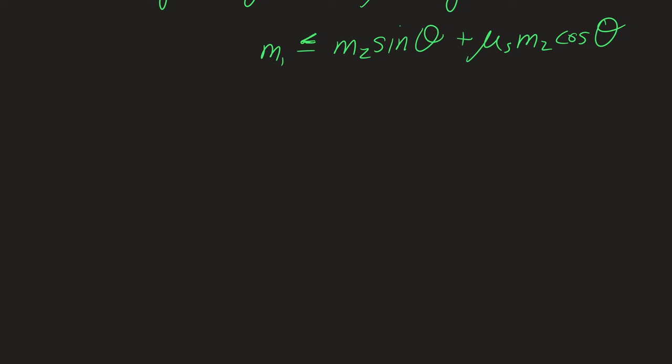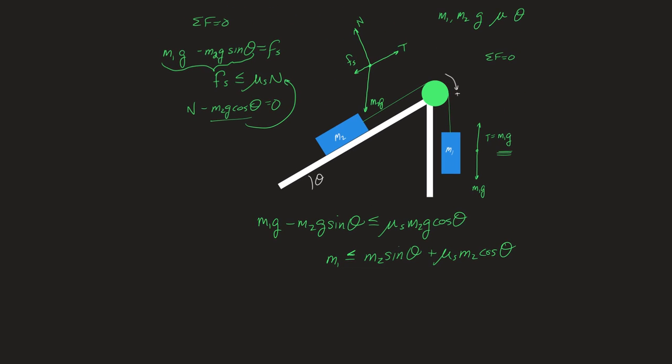And I kind of like the fact that I get the weight of the box down the ramp and the frictional force. Both of those show up there. That makes good sense to me, that those are things trying to pull the box down the ramp. This box is trying to pull things up the ramp. So I like this balance. But we're not done. We found one threshold. There is another threshold.